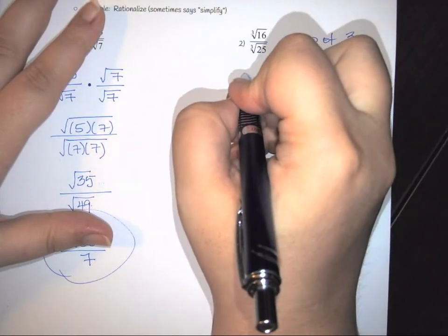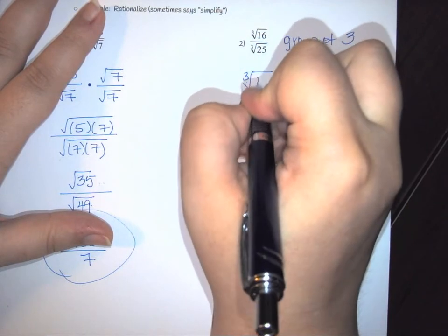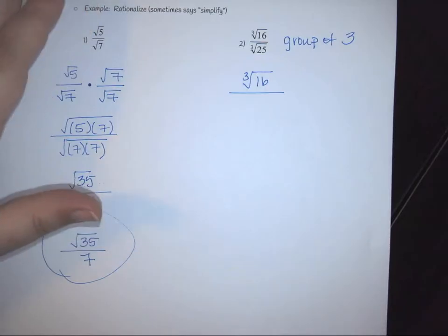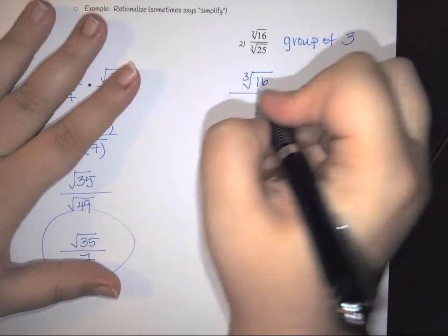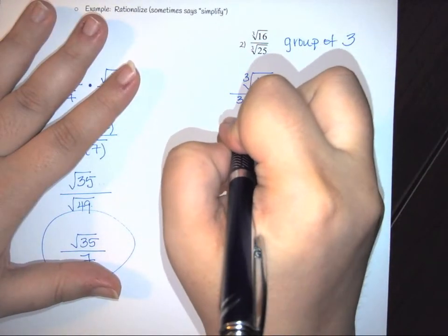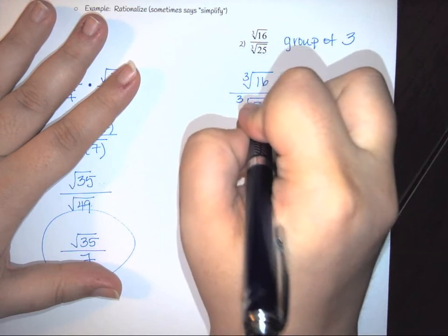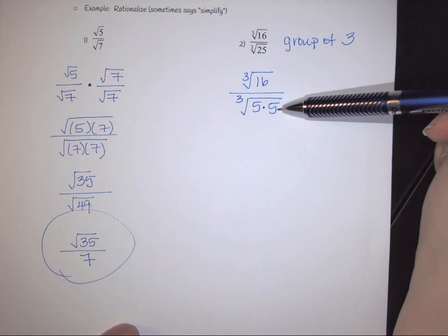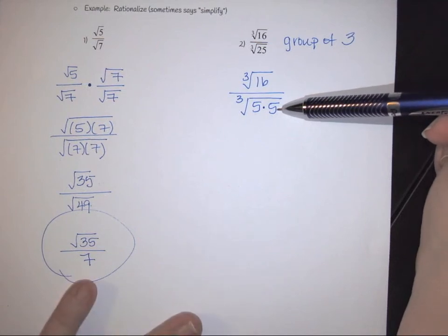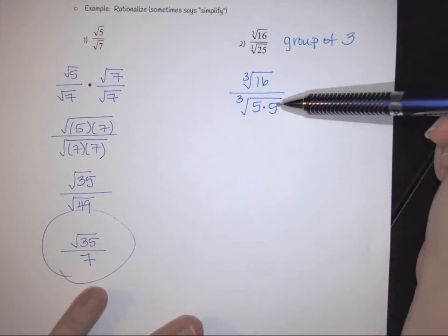So I have the cubed root of 16, which I'm leaving alone for the second. And I can break 25 down. So this is actually going to be the cubed root of 5 times 5. So this is actually a group of 2. However, I need it to be a group of 3.